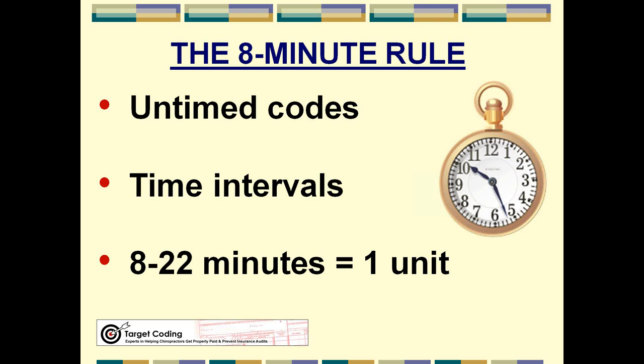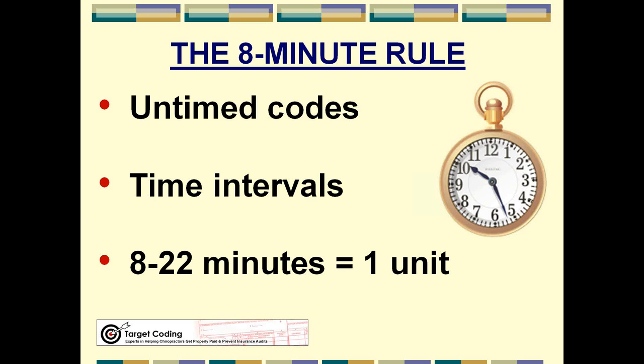Timed codes are typically therapeutic procedure codes. There are some modalities that are timed, but let's talk about the time intervals. If you provide a timed service or a therapeutic procedure for 8 to 22 minutes, then you can bill 1 unit.